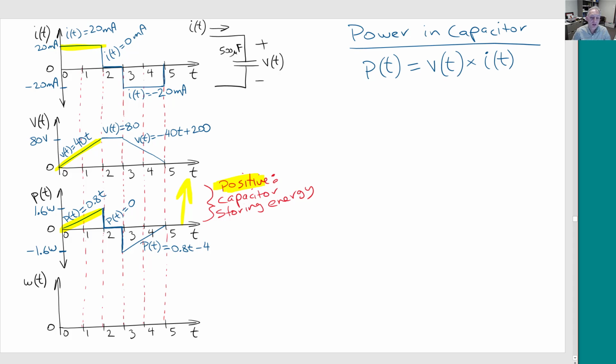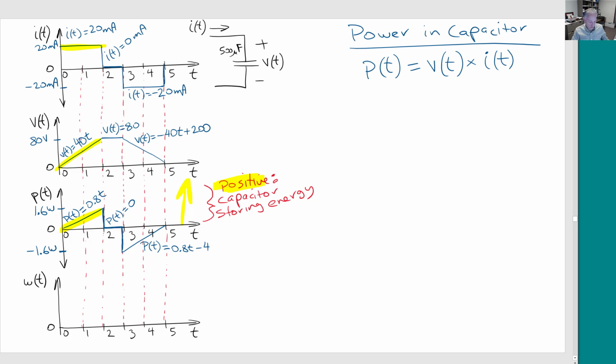So now, the power is positive for this capacitor, and what's happening is the capacitor is also taking energy from the circuit, except what it's doing is not dissipating it as heat as a resistor does. What it's doing with that energy is that it's storing it in its electric field. Okay, so a positive power for a capacitor means that it's storing energy.